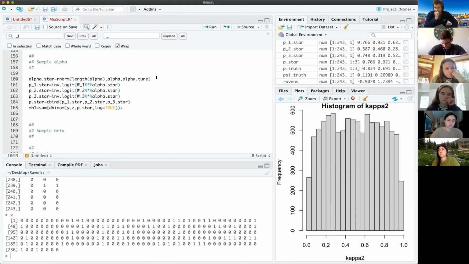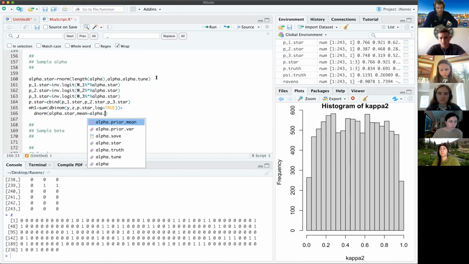We need to add on the prior of alpha. Right. And the hyperparameter for our prior distribution for alpha was alpha dot prior dot mean.